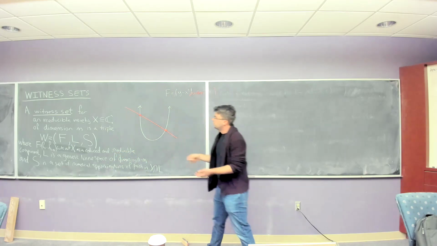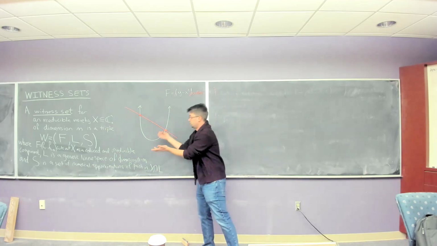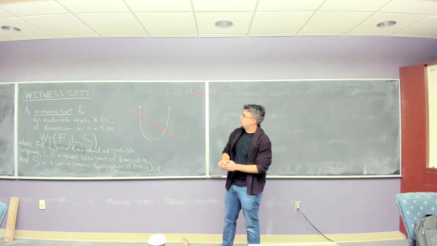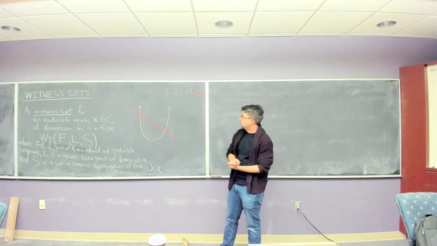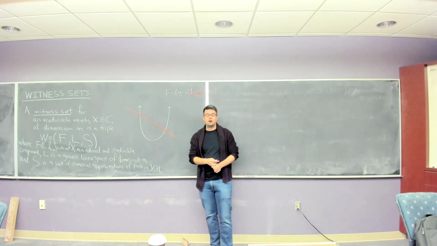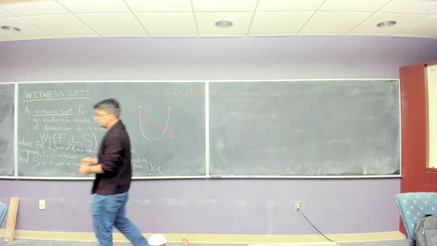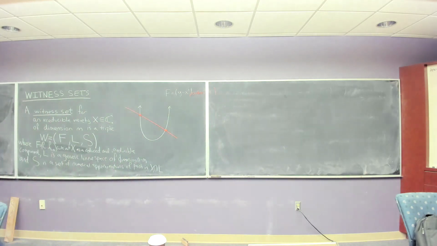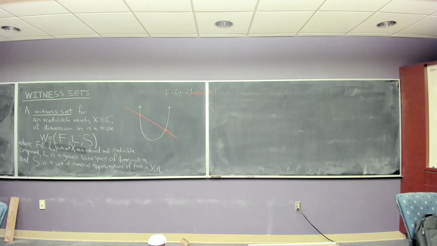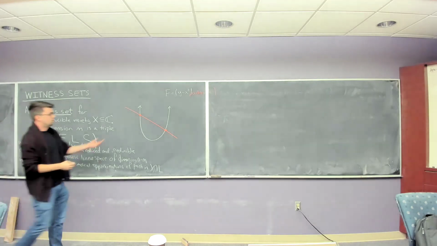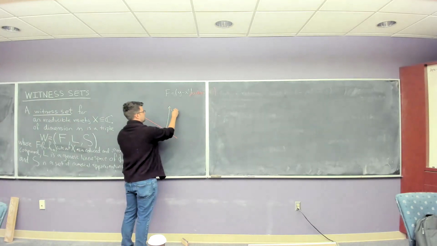Okay, so that's what a reducible is, and if you're not reducible, you're irreducible. Okay? So an irreducible variety, dimension n. So our working definition of dimension right now of an irreducible variety is the length of a chain of subvarieties. So this parabola, let's call it X.